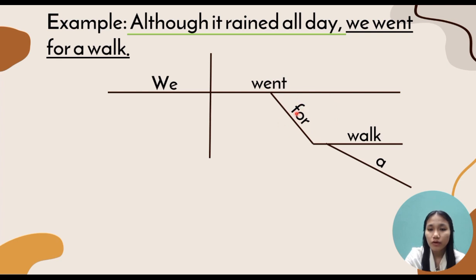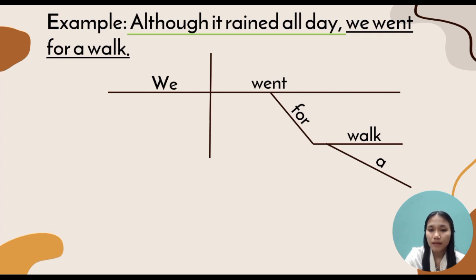Then we are going to write here the word a using a slanting line, and on the horizontal line we are going to write our other word, walk.